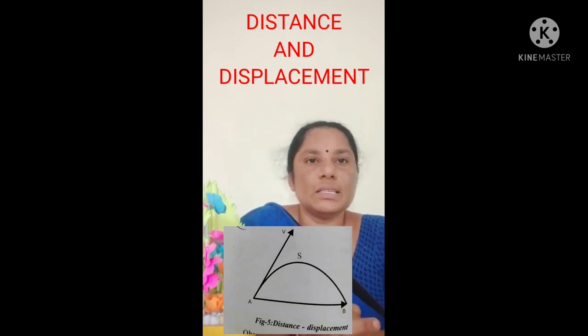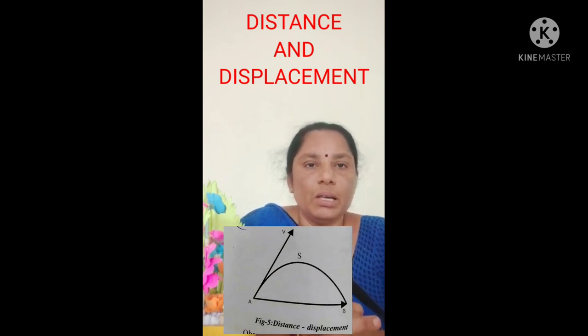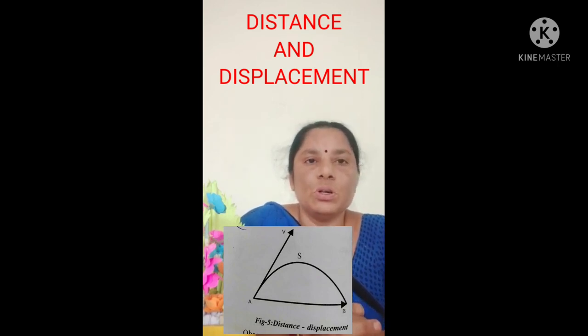Totally, the distance from A to E is equal to AB plus BC plus CD plus DE. That means 5 plus 4 plus 3 plus 4, which is equal to 16 kilometers.